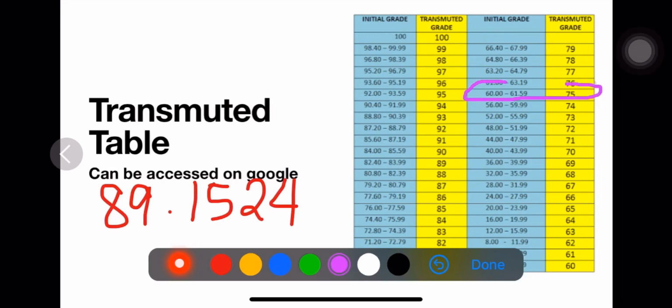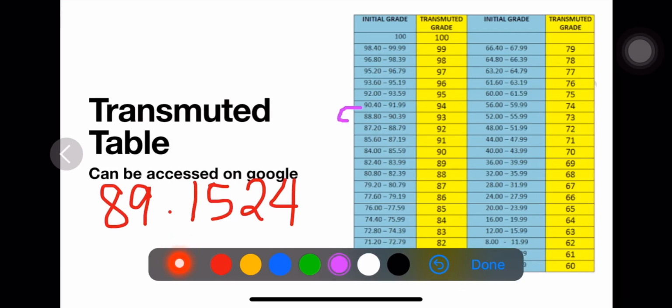You get 75 in the transmuted grade. Right, so let's try to look at the transmutation table or the transmuted table. This can be accessed on Google. You can just search this. So let's look at the grade of Rizal, initial grade 89.1524. So 89 here.